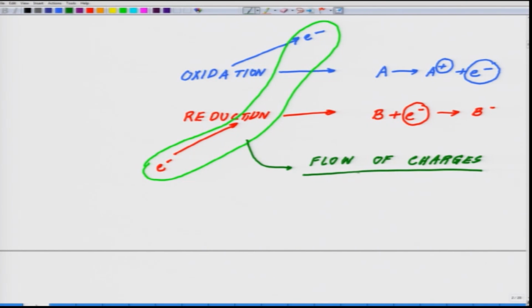So, in other words, this oxidation and reduction leads to flow of charges, which leads to generation of current, generation of electricity, or current electricity. It may be a small amount, it may be some picoampere, nanoampere, whatever, that does not matter.